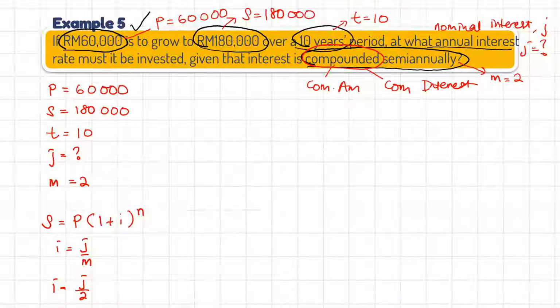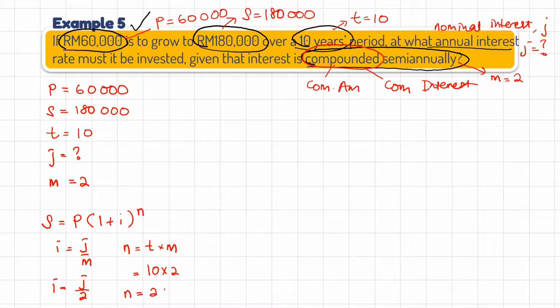Whereas in the formula we have the value of N. So we need to identify the value of N. N is equals to T times M. So it will be equals to T is 10, M is 2. Therefore, the value of N will be 20.